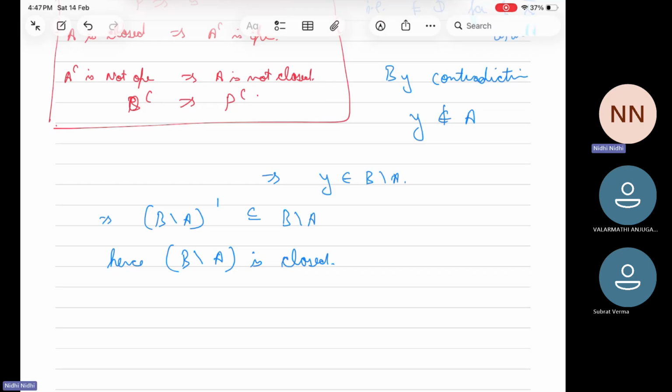So therefore, our first option is correct: A minus B is open and B minus A is closed.